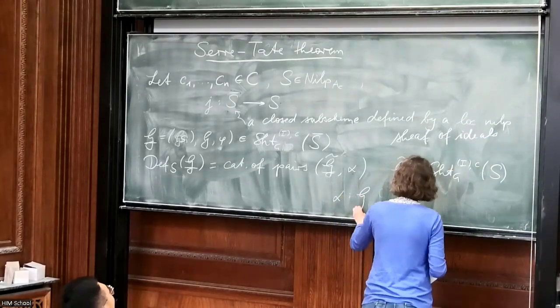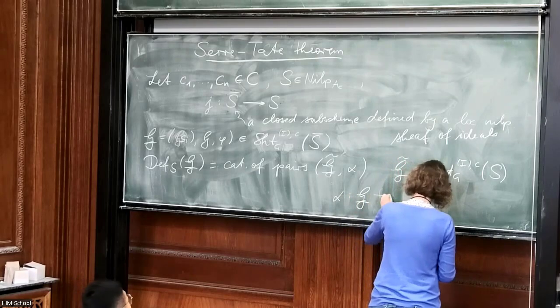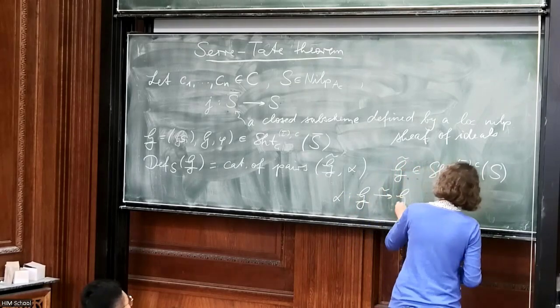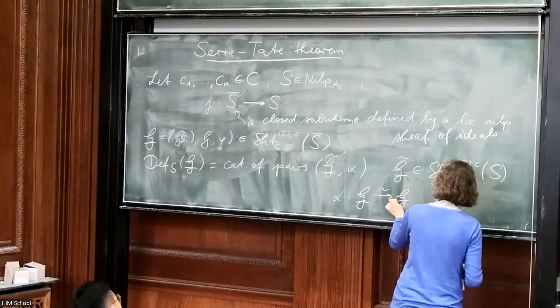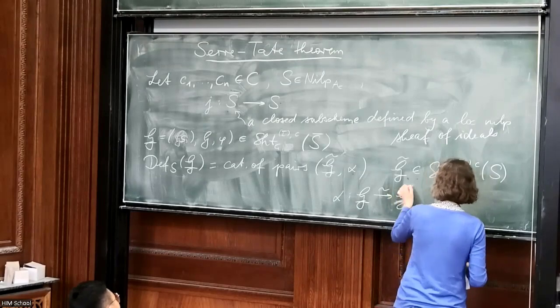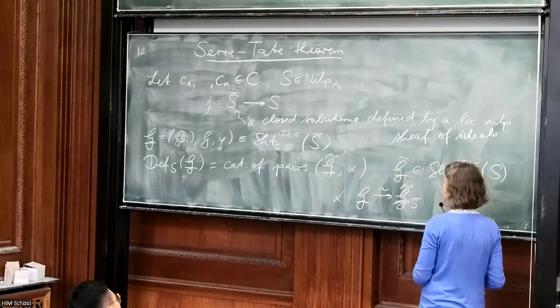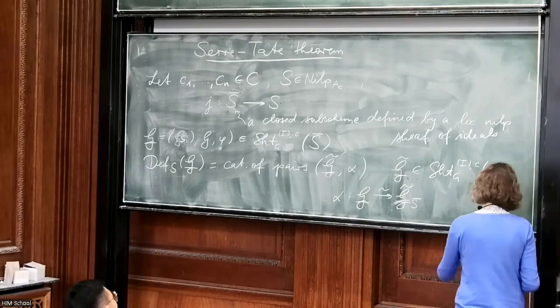So this is from G underline to G tilde underline, base changed to S bar, an isomorphism.